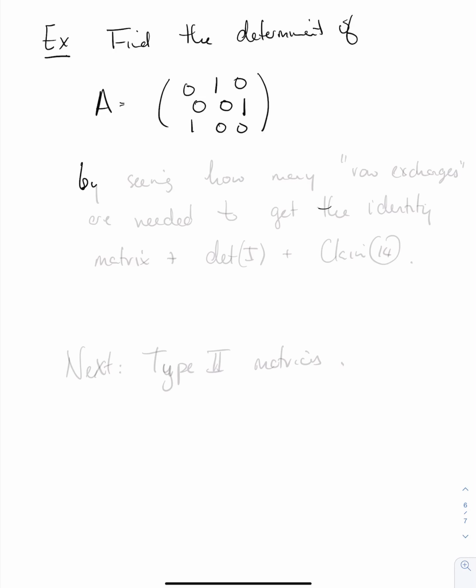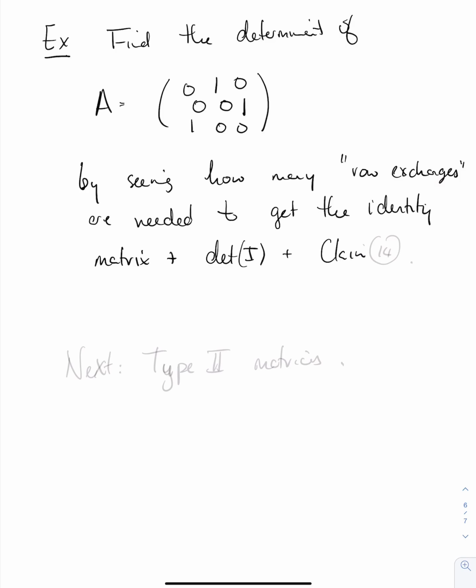Do this by seeing how many row exchanges are needed to get the identity matrix. Then use what we know about the determinant of the identity matrix and claim 14.